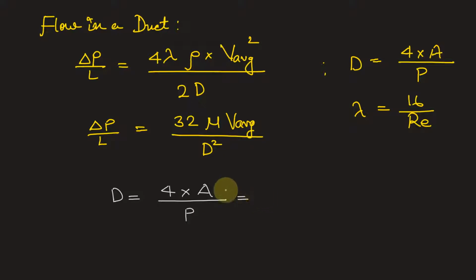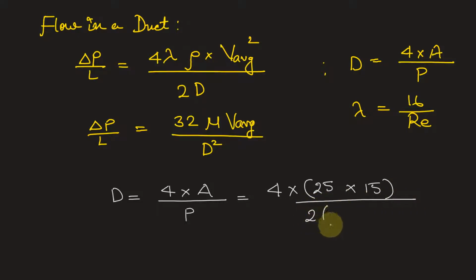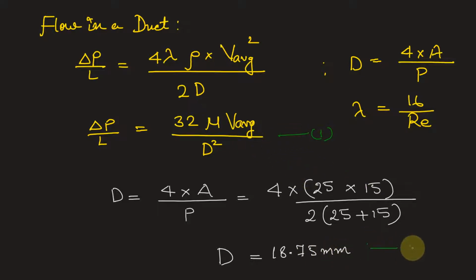This will be equal to 4 multiplied by the area, 25 mm into 15 mm, and the perimeter of a rectangular duct will be 2 times (25 plus 15). This value will come out to be d equal to 18.75 millimeter. Let this be equation number 1 and this be equation number 2.